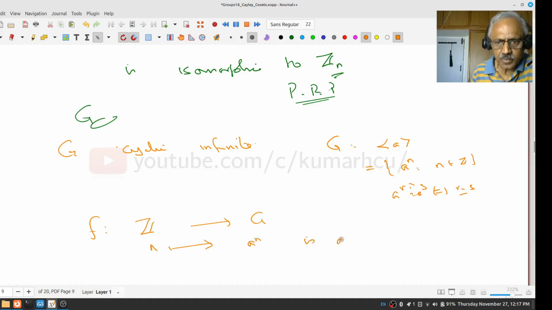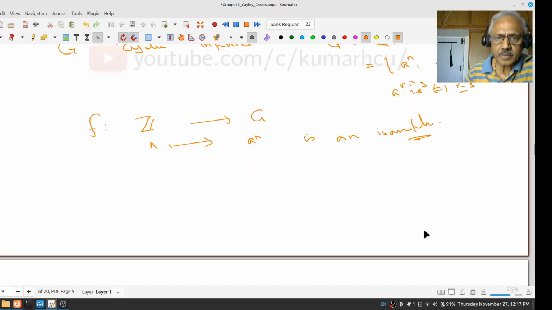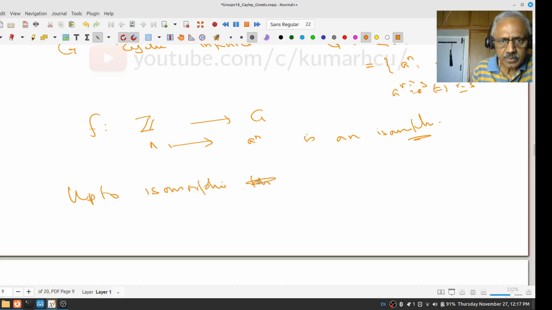This is the group homomorphism, which is an isomorphism, right? Therefore, up to isomorphism, this is what one usually says, up to isomorphism. Let me write it.